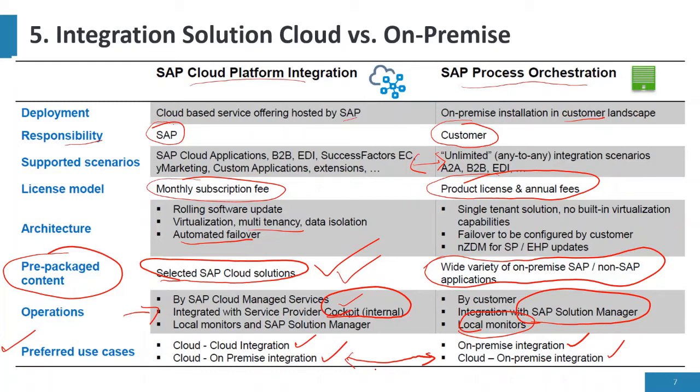If it is on-premise to cloud, and you know that in future you are going to grow on the cloud itself, the preference would be to use CPI instead of PIPO, unless you have a very specific requirement due to which you may decide to go with PIPO. So this session will give you an idea of what exactly you should expect from PIPO and what exactly you should expect from CPI.